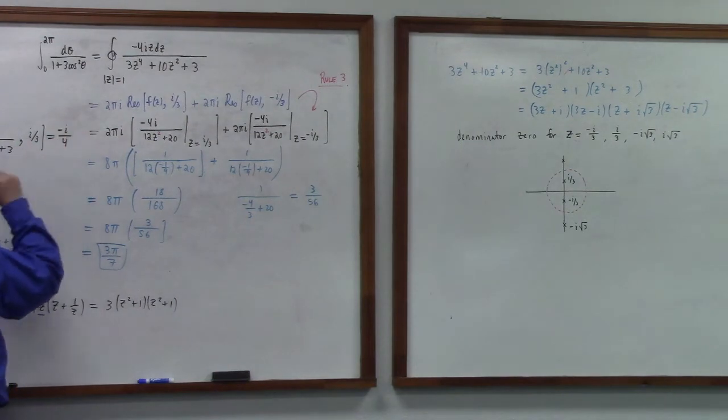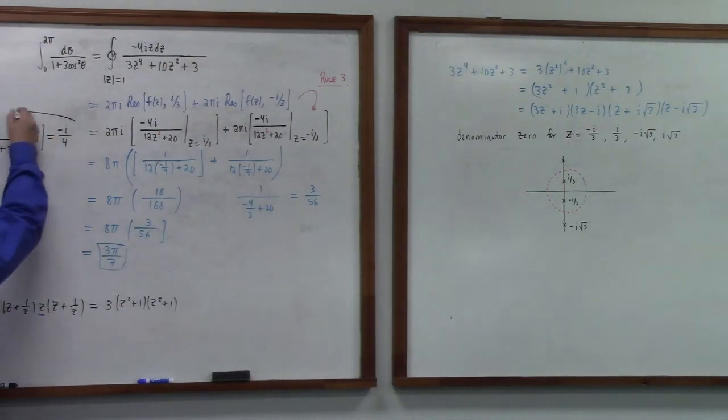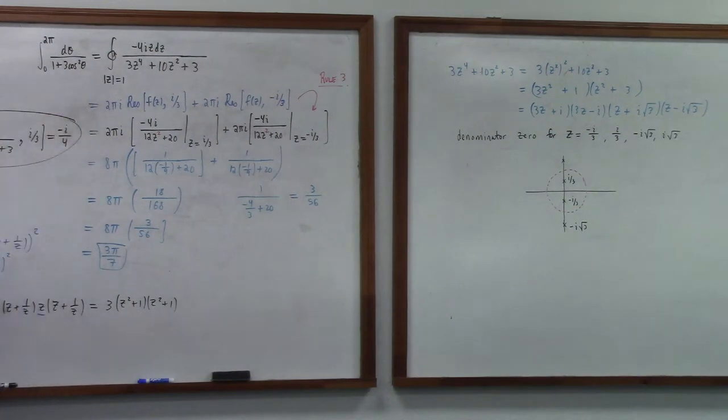That's the claim. So then you add those, you get minus i over 2. It's pi. All right, so this is allegedly what the residue is, right here, okay? So somewhere we have miscalculated that.